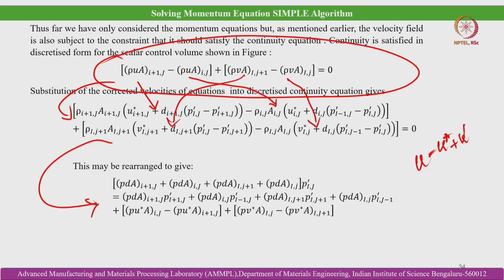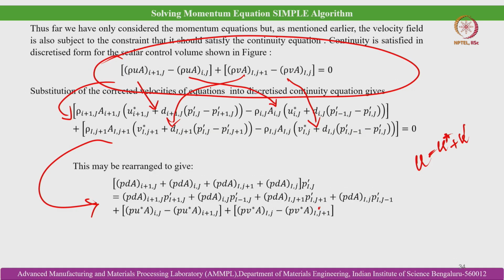And then finally we can write plus rho u asterisk capital A I j minus rho u asterisk capital A I plus 1 j plus rho v asterisk capital A for small capital I small j location minus rho v asterisk capital A capital I and plus this should be small j. So, please correct it.